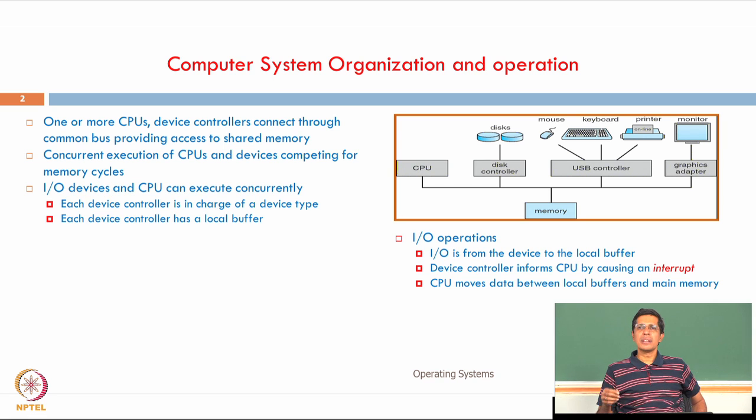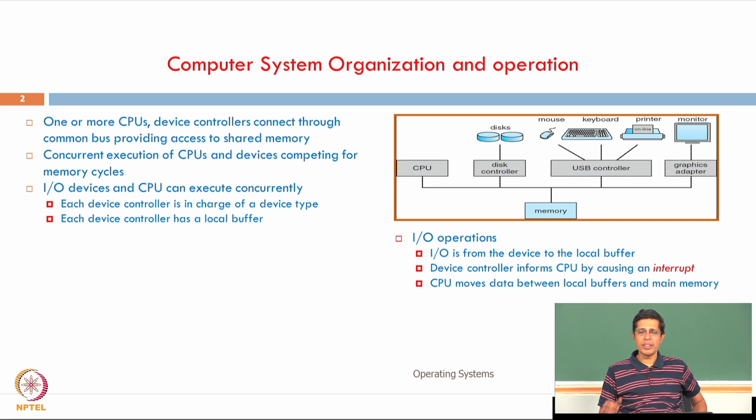So, the term direct memory access, what do you mean by direct? The term direct essentially means that I am bypassing the CPU. So an IO operation can also happen between the peripheral and the memory without the CPU involved, and this particular operation is called direct memory access.